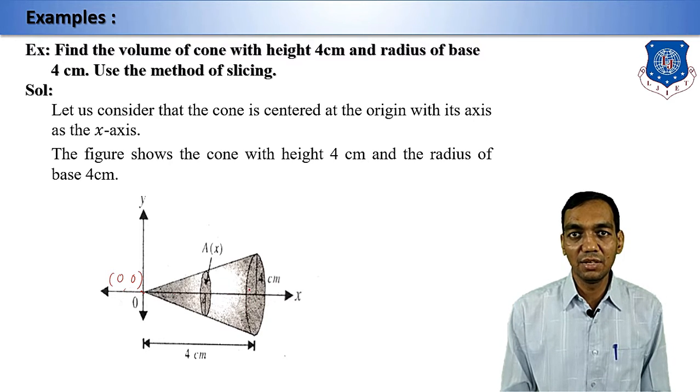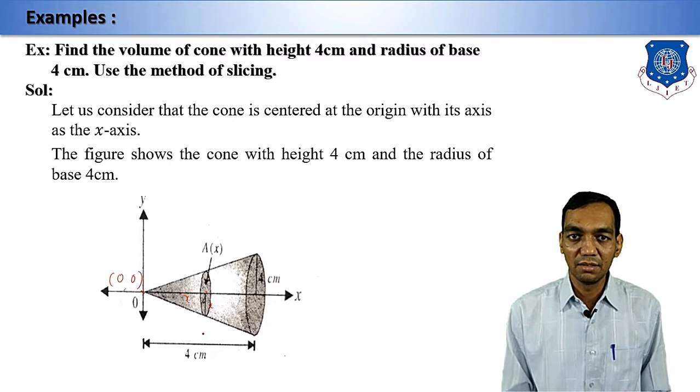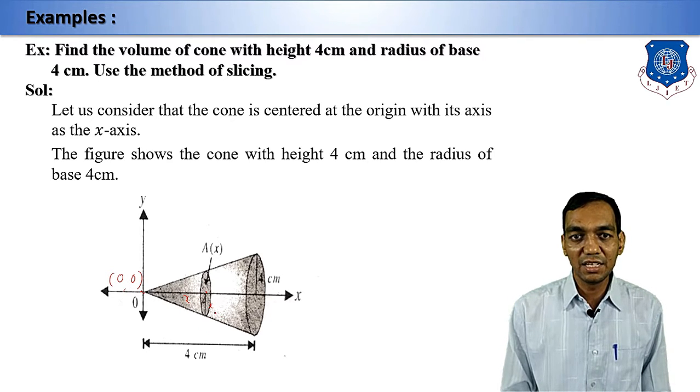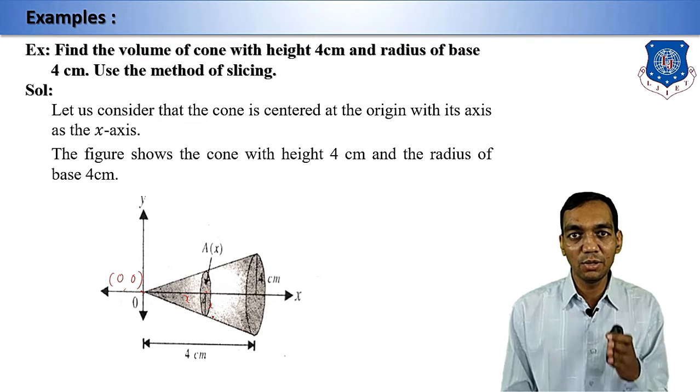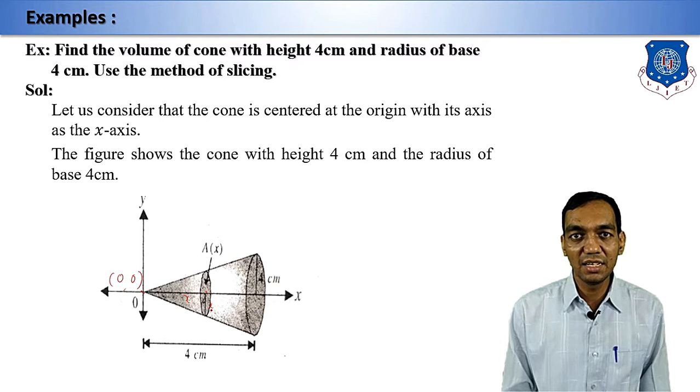If you take any point here, and suppose this distance is x, then this height is also going to be x. Why? Because both ratios are the same, because they are from the same triangle and the cone does not change. So the radius of any circle which is perpendicular to the x-axis is nothing but x.